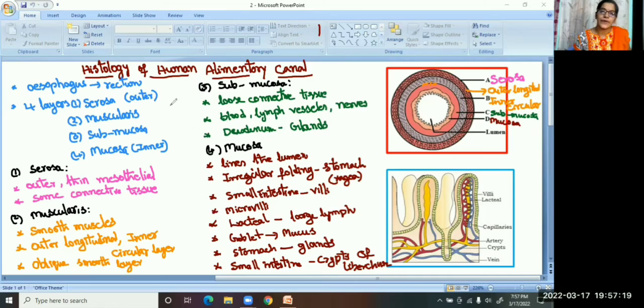It is very important to remember the layers present in the human alimentary canal, as they will ask the order. The order of layers from outer to inner: outer is serosa, and next in the muscularis we have two layers, outer longitudinal and inner circular.